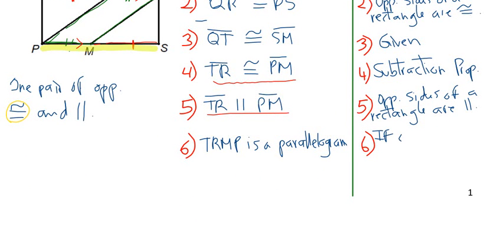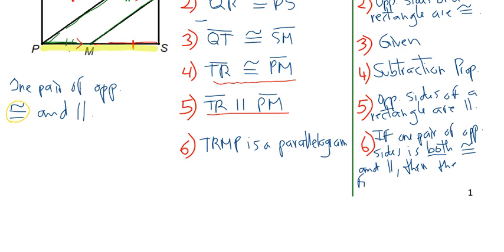If one pair of opposite sides is both congruent and parallel, then the figure is a parallelogram. Okay, so this would be the end of this proof.